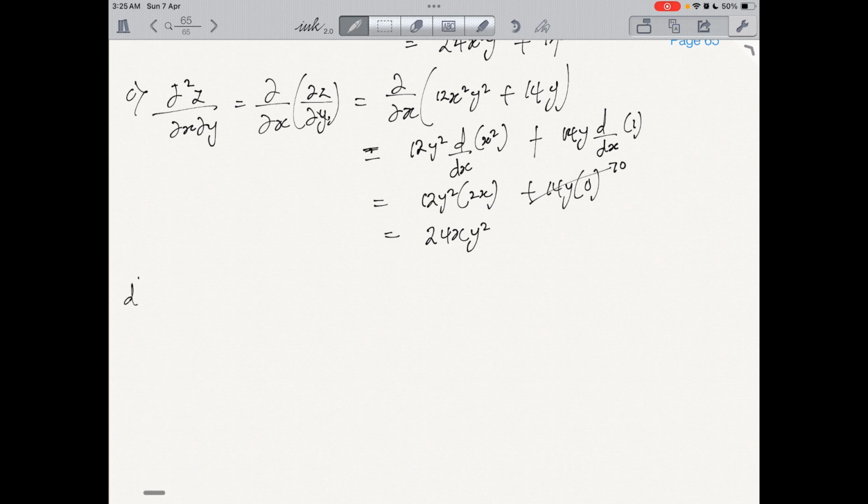And finally, let's do the same for ∂²z/∂y∂x. ∂²z/∂y∂x is d/dy of ∂z/∂x.